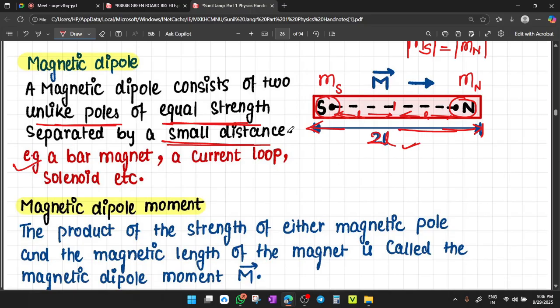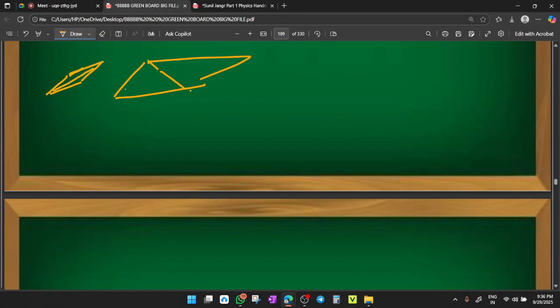The strength of any magnetic dipole, like you have two magnetic dipoles, first one is this and second one is this. The strength of magnetic dipoles is justified by a term that is called magnetic dipole moment.